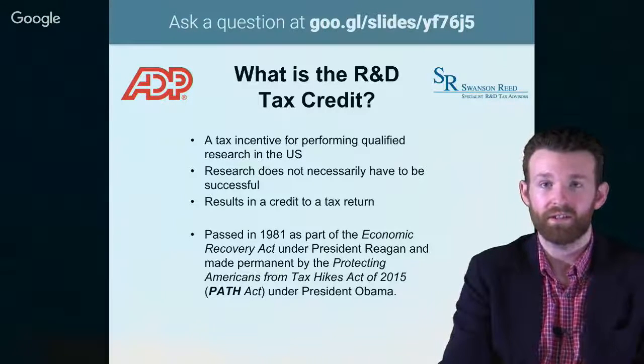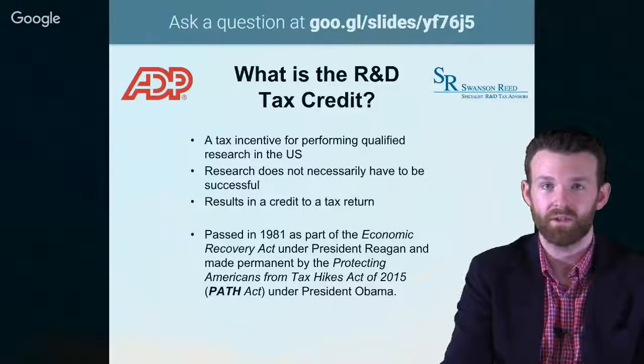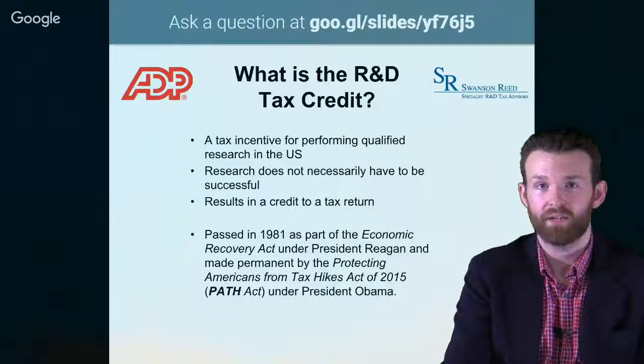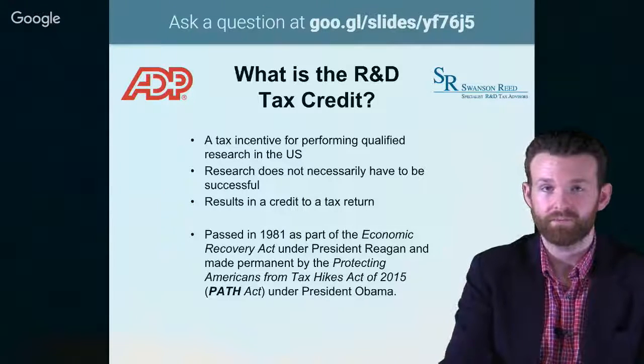The qualified research does not have to be successful, as the intent of the R&D tax credit legislation was to spur economic activity and encourage companies to engage in risks by way of a tax incentive. The R&D legislation is tailored to a specific jurisdiction, so for the federal tax return, the R&D has to be performed within the United States, since the government is trying to stimulate economic activity within the US and not in other countries where work and research are often outsourced.